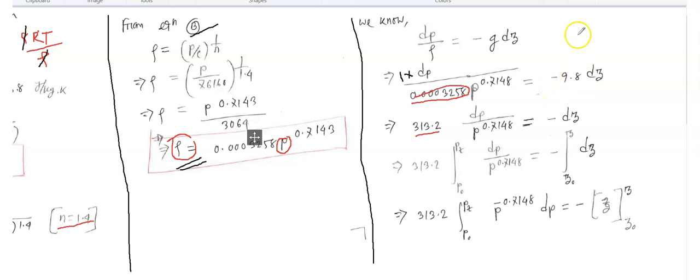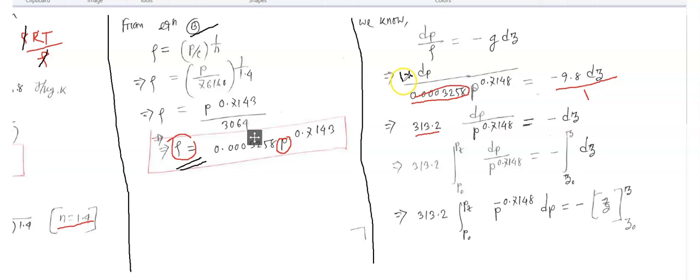This is dP over this equals 9.8 something, so if I say this is over 1, we can do cross multiplication. At first you multiply 0.03258 into 9.8, then divide from 1, and it will be 313.2, and then dP over P to the power 0.7148 equals negative dz, because we already multiplied the 9.8 and then divided.